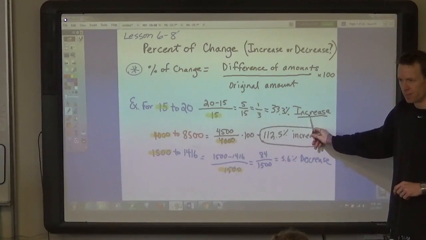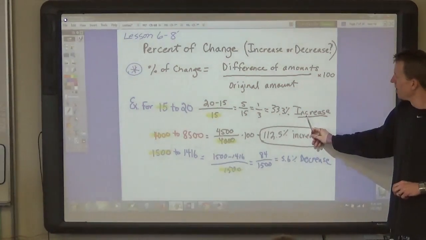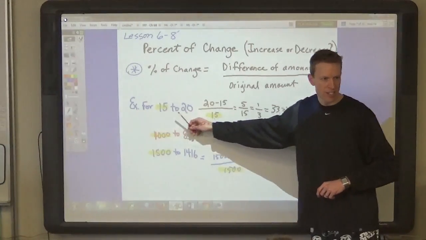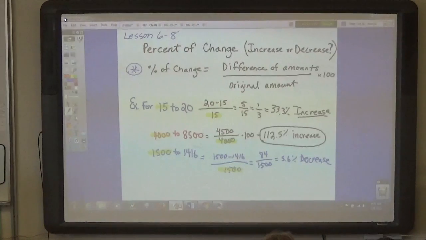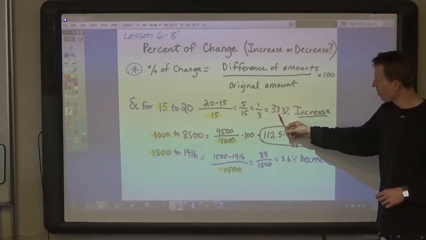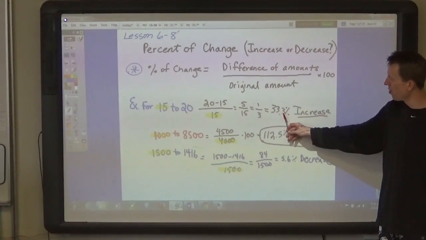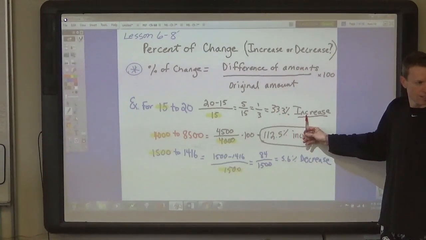Now, there's one other part of this answer. Okay? And that is to go back and look at the numbers and decide, was this a percent increase or decrease? What was the first one, Abby? That's an increase. So 33.3% increase, or 33.33% increase.